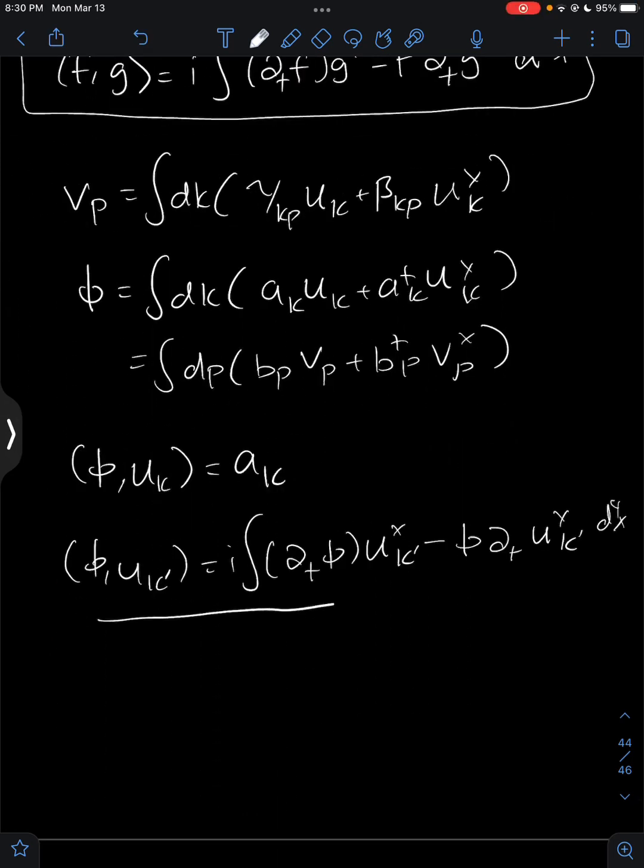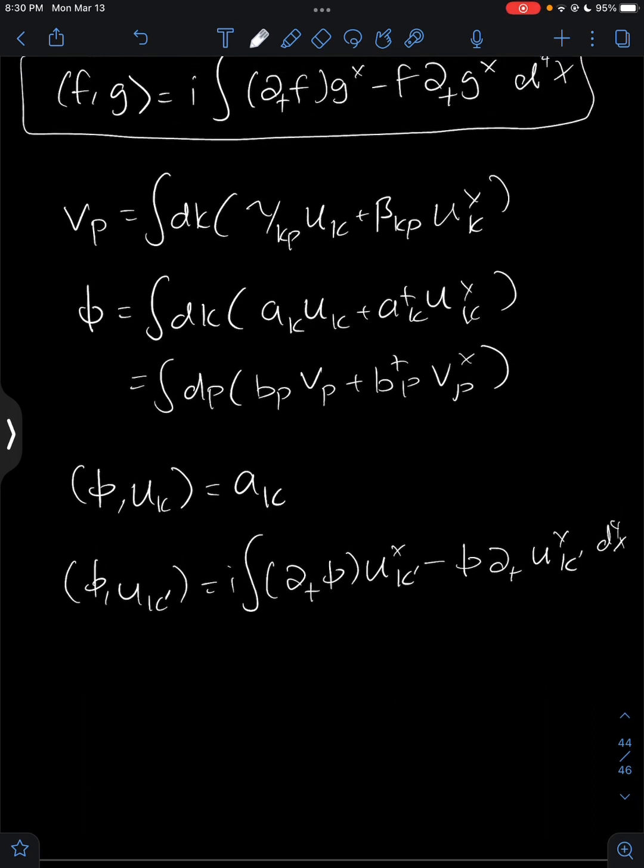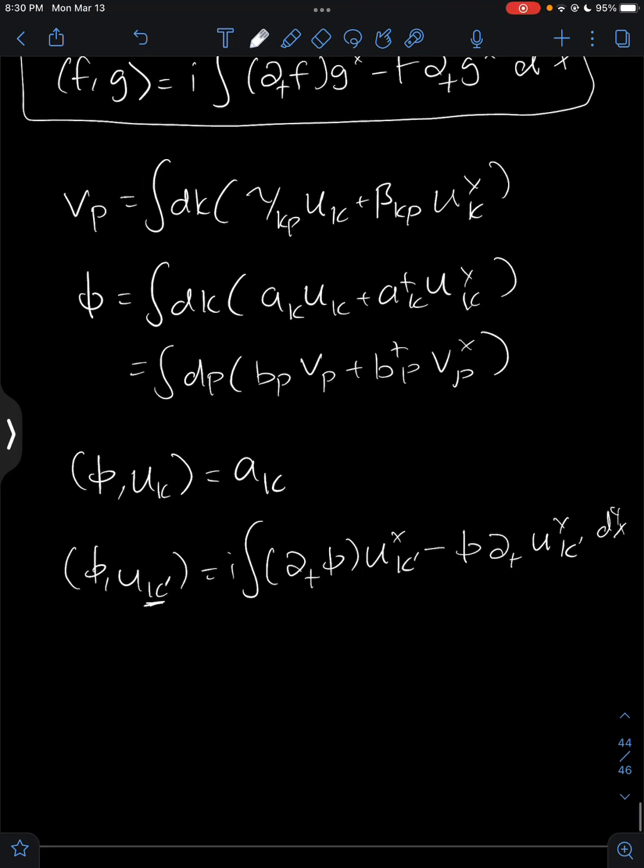Here's the formula for the inner product. I went ahead and used a dummy variable k prime. We're going to see that k prime equals k in the end, so we're going to use k prime for momentum for now. What we first have to think about is, what is the time derivative of phi going to be equal to?